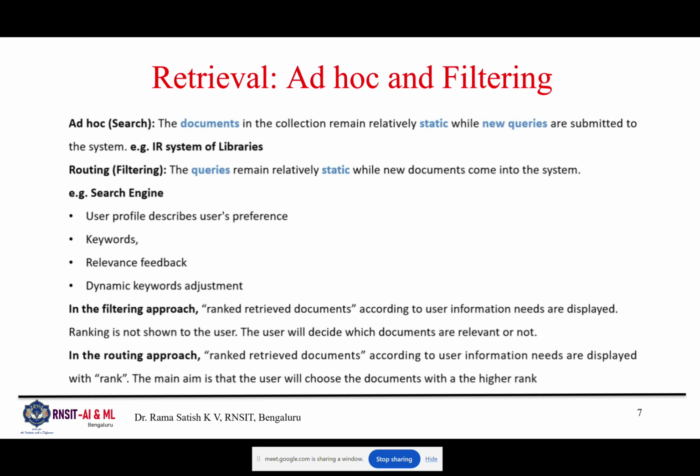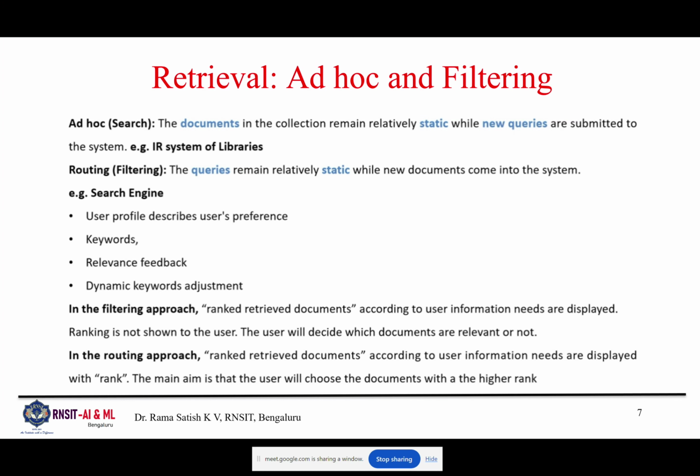In fact, a similar but distinct task is one in which the queries remain relatively static while new documents come into the system, and of course they leave. For instance, this is the case with the stock market, with the news wiring services. This operational mode has been termed filtering.